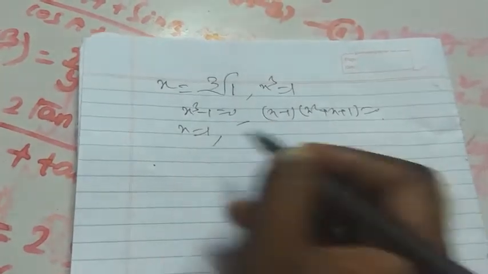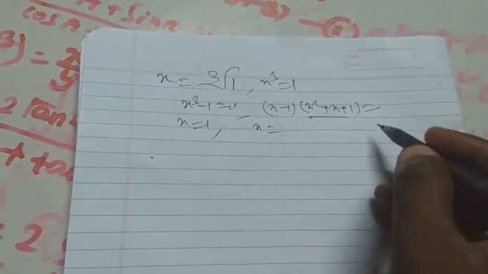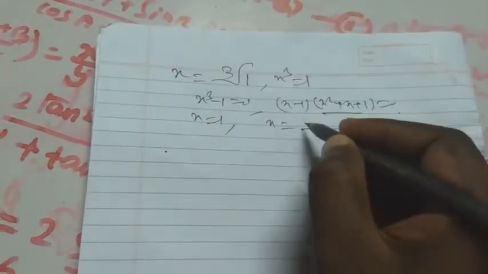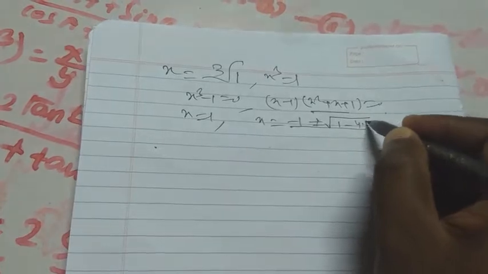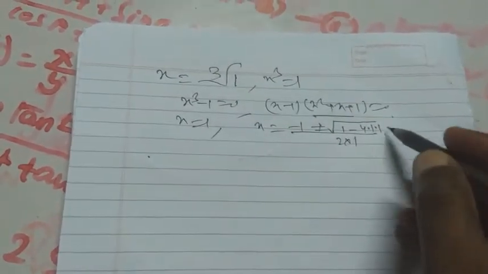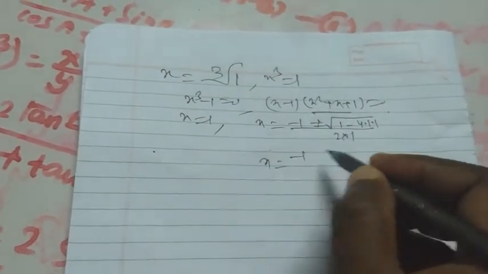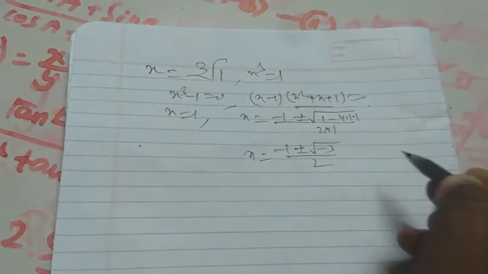Therefore x is equal to 1, and from this equation, using the quadratic formula, x equals minus b plus or minus root over b square minus 4ac by twice a. You all know the formula, so x equals minus 1 plus or minus root over minus 3 by 2.